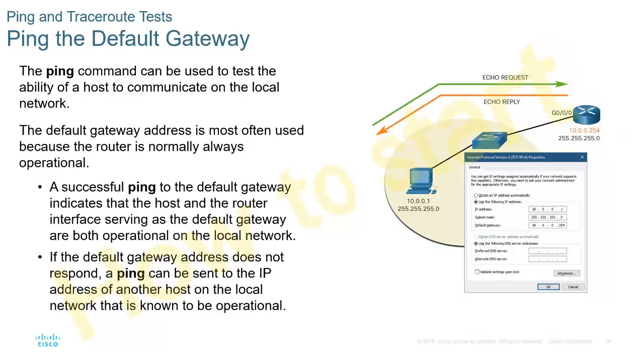Next, we have the ability to ping our default gateway. That's our exit point. We send anything that is going to be leaving our network or that is not attached to our local network to it. And that'd be ping the IP address of that gateway.